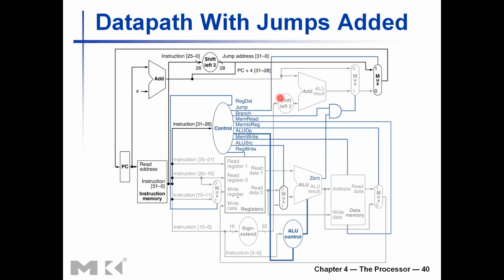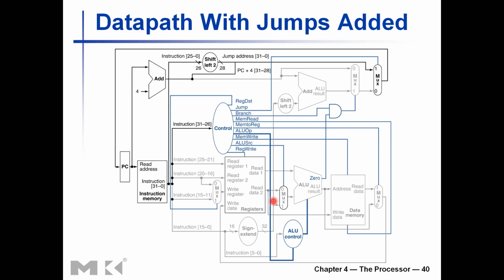For the jump instruction, we don't need the register file. We are not reading from the register file. We are not using the ALU. We are not reading the data memory. And we are not using the regular 16-bit immediate value in I-type instructions either.